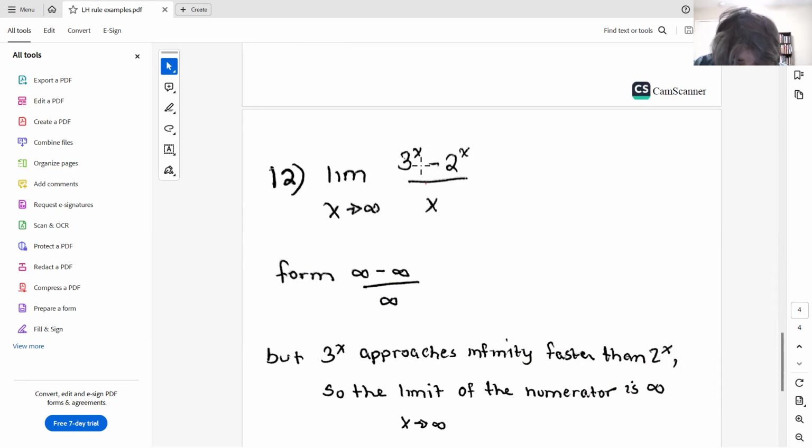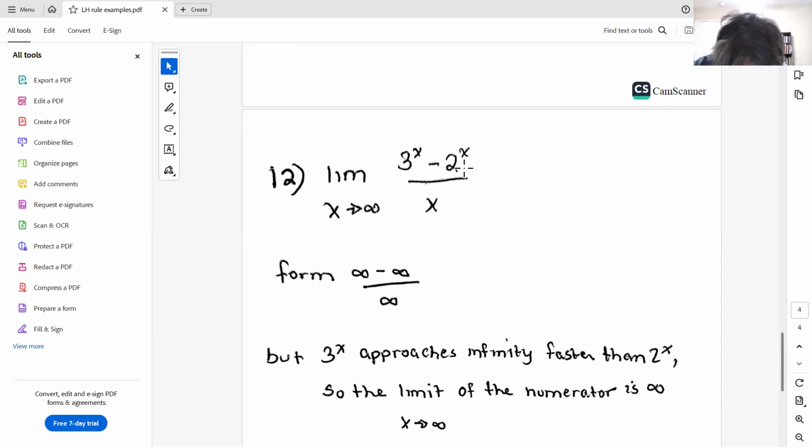So this faster approaching infinity means I'm going to approach positive infinity, right? So even though this top piece is indeterminate, this approaches infinity faster, and this top does approach positive infinity.